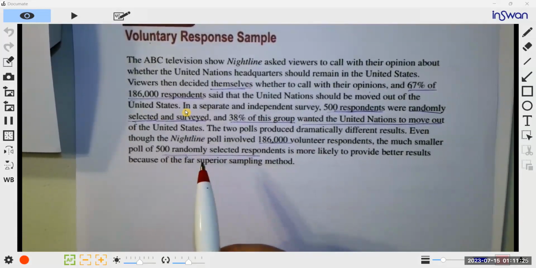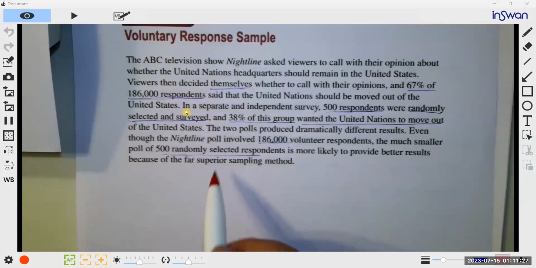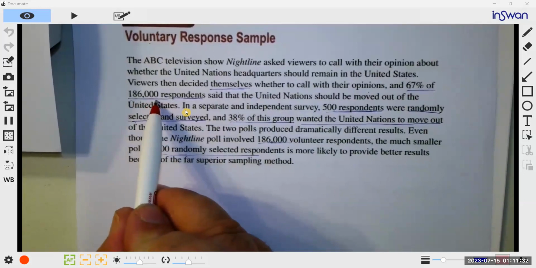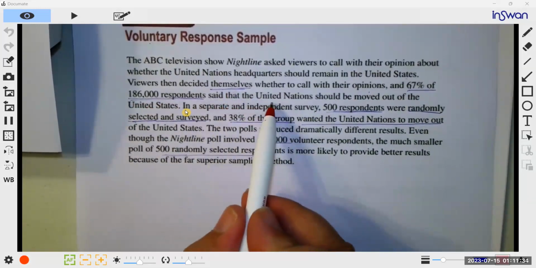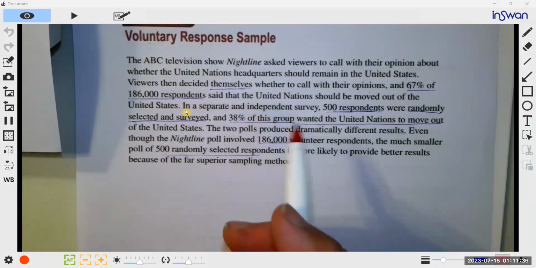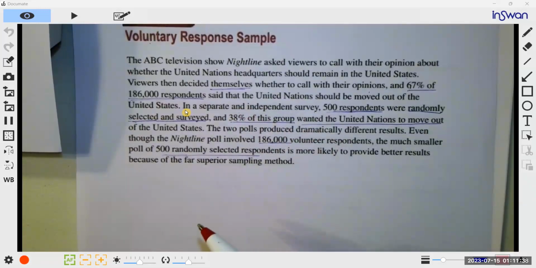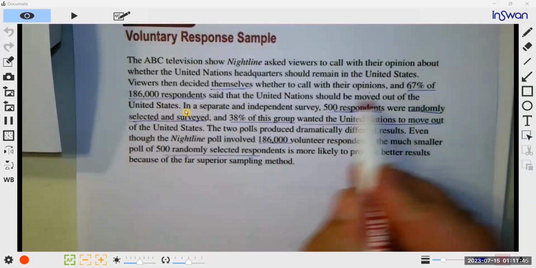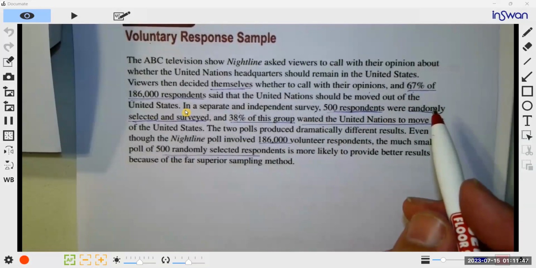But the 500 randomly selected are going to be more accurate because these 186,000 people who responded to this TV show, they have a gripe about it. They have very strong feelings about it, one way or the other. And usually people who have gripes, okay, 67%, they want the UN out of the United States.